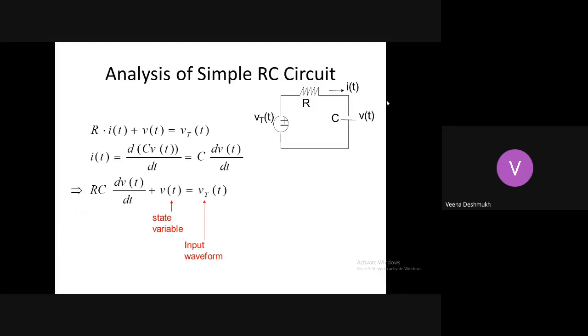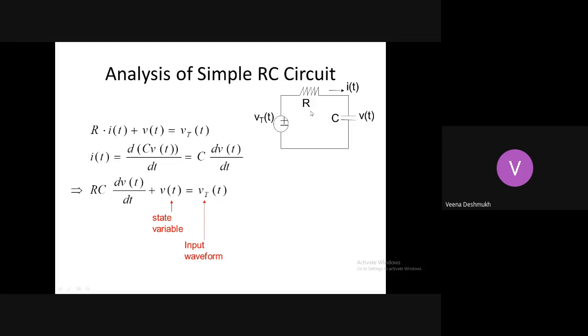If you write KVL for this, if I apply a step input V of t, the current flowing through this will be I of t.